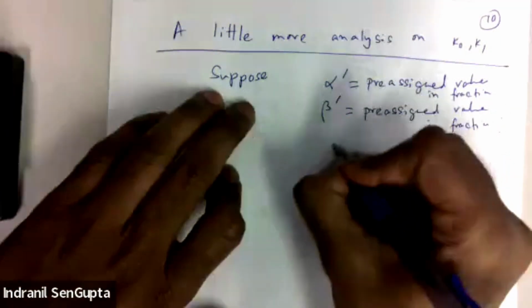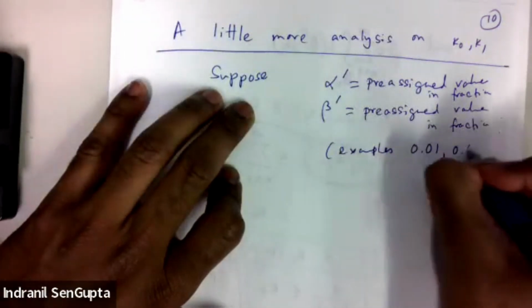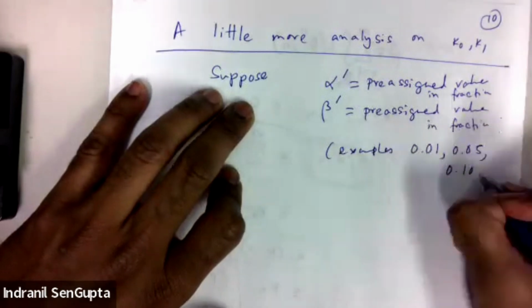Some examples can be 0.01, 0.05, 0.10, etc.